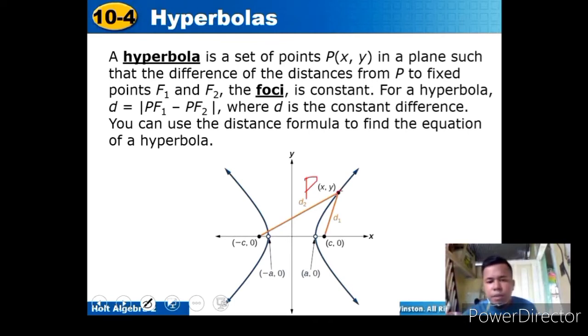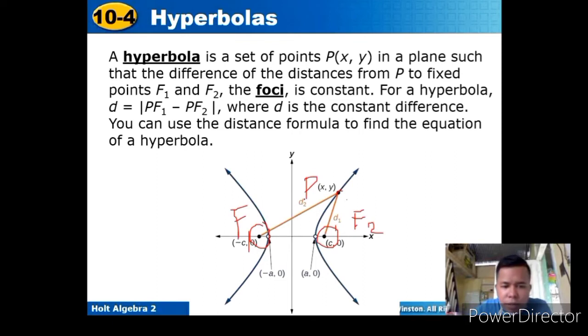So that is the point P(x, y) in a plane such that the difference of the distances from P to this point and to this other point, which we name F2, and this is F1. So the difference between those two distances throughout the hyperbola is constant.